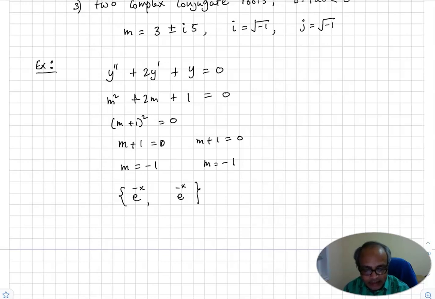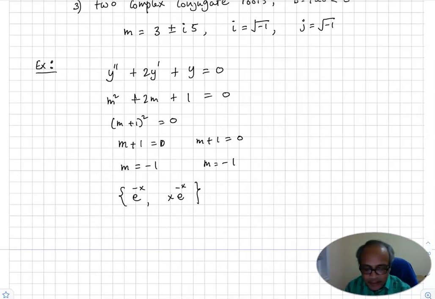In this case it is obvious to see that they are not linearly independent, so we have to make them linearly independent. One trick we can remember is that we can multiply one of the solutions by x.